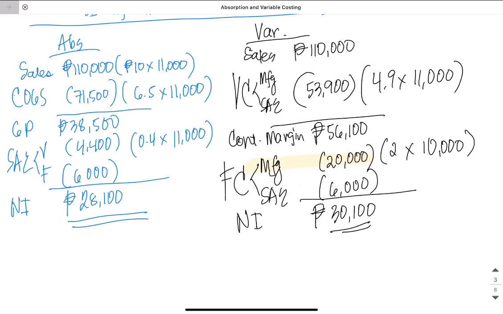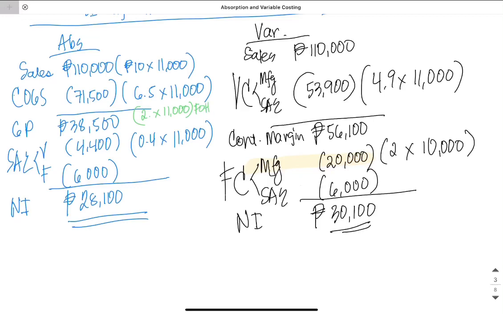For absorption costing, it's not 20,000. So what do we have here? When you compute this individually, 2 times the number of units sold always under absorption, you will have around 22,000. So for this one, 22,000. This is your FOH.